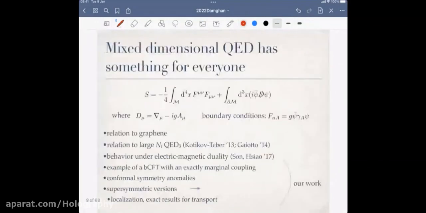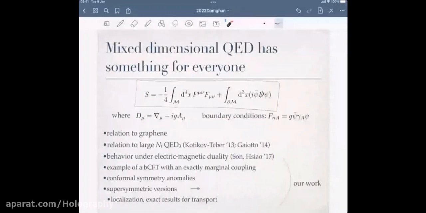And in fact, this theory has a number of other really special properties that have gotten me excited over the years. So here it is again in all its glory. It's got my 4-dimensional photon, my 3-dimensional electron. There's a relation to graphene that I was mentioning before. Well, graphene isn't conformal. Graphene has beta functions, and it's also not relativistic.